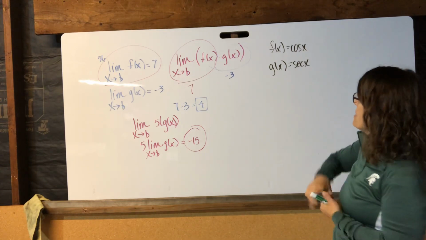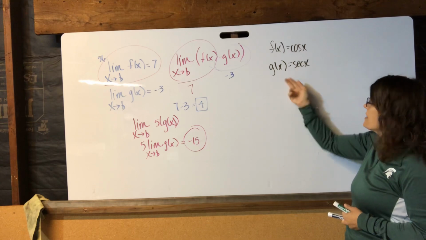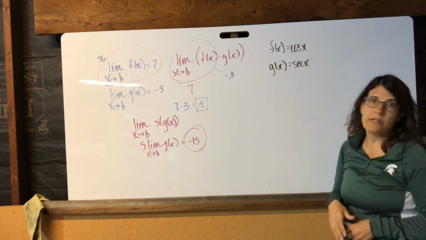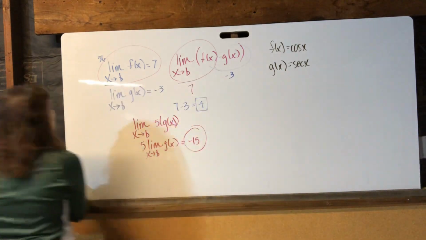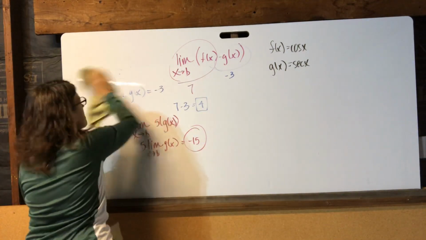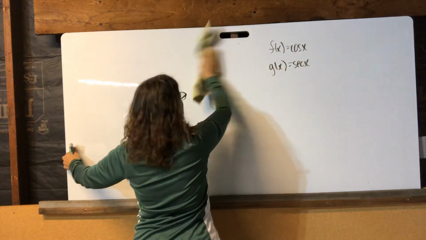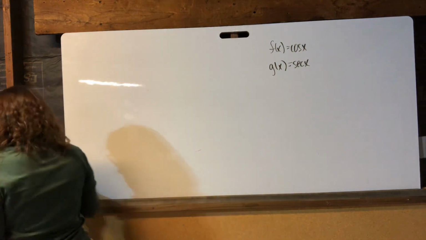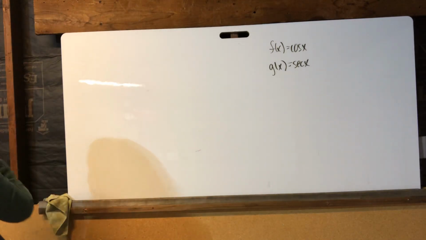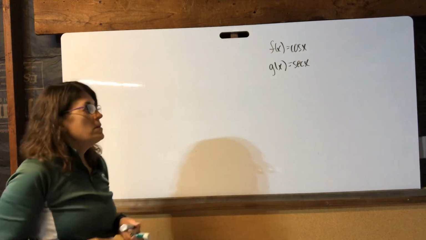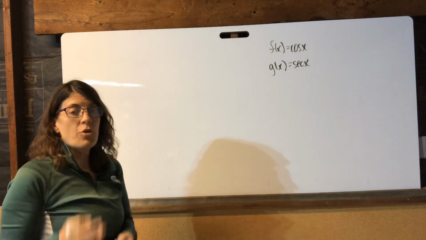So while I erase, graph g of x equals secant. Review the graph of g of x equals secant. Cosine and secant are reciprocals.